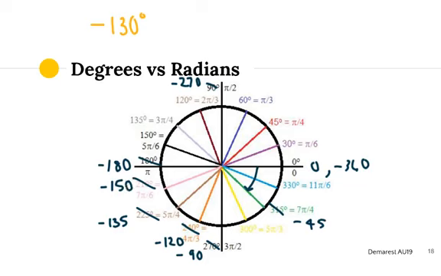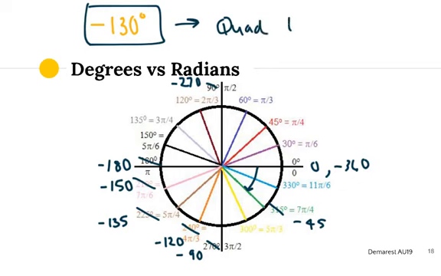Okay, and again, the reason I'm labeling carefully in the third quadrant is because now I can see that negative 130 degrees is going to be in quadrant 3. I know it's going to be in quadrant 3 because it's between negative 90 and negative 180. So again, as we have been doing, my initial side is always going to start on the positive x-axis.